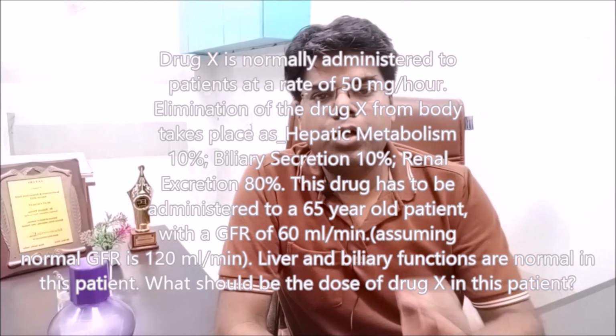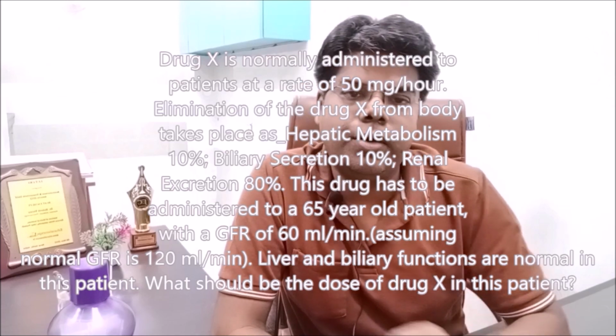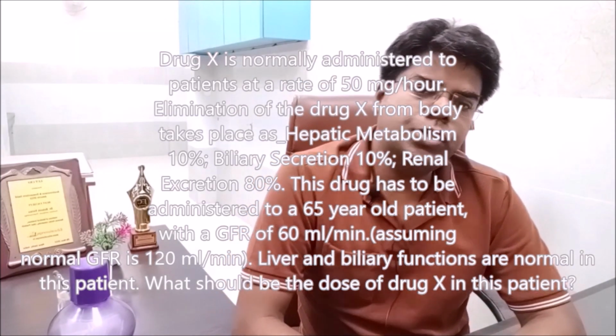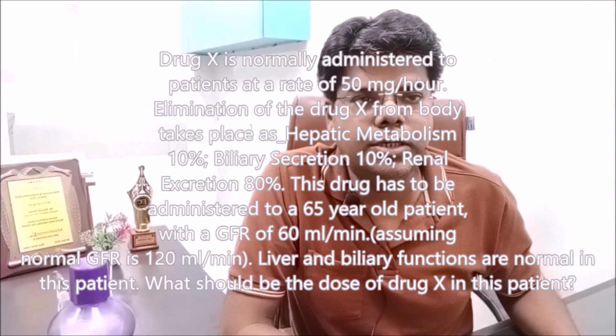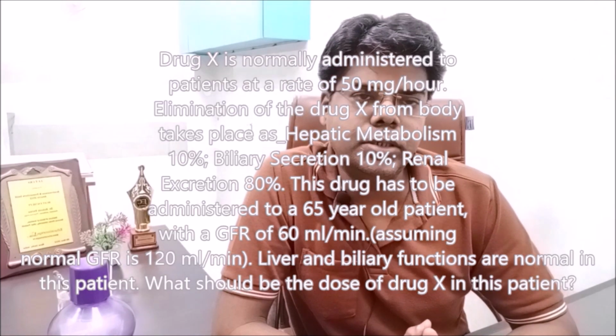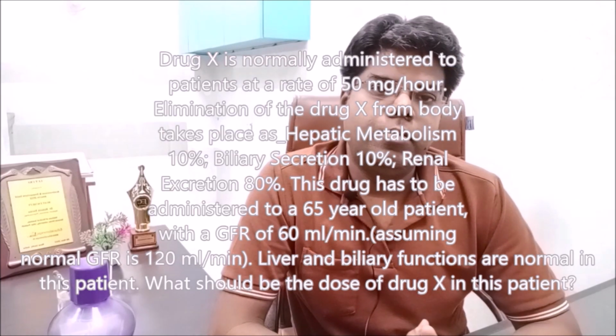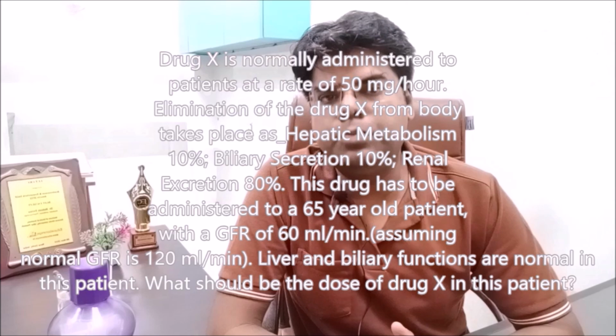Now just look at the seventh question, which is the last question of this video. Drug X is normally administered to patients at a rate of 50 mg per hour, and the elimination of drug X from the body takes place as hepatic metabolism 10%, biliary secretion 10%, and renal excretion 80%.